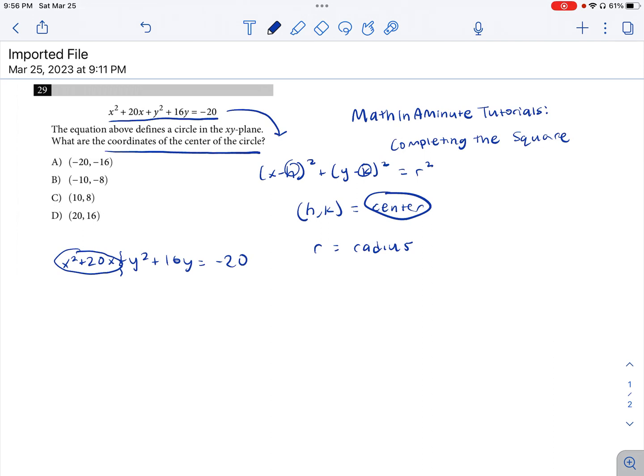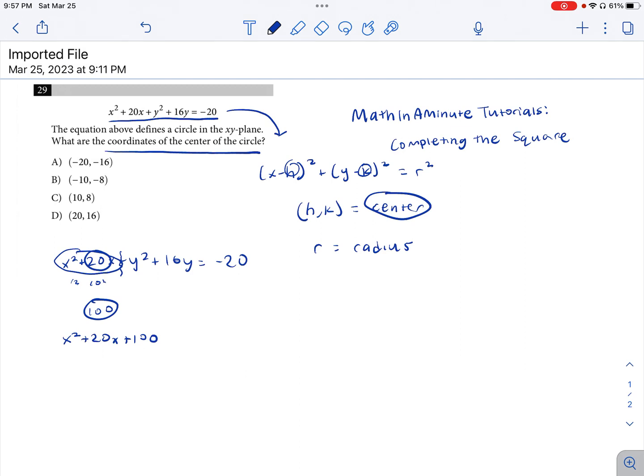All you got to do is take this term, this coefficient, and divide it by 2, which is 10, right? 20 divided by 2 is 10. And then square it to get 100. And then you remember that, and you add it onto the side of x squared plus 20x.